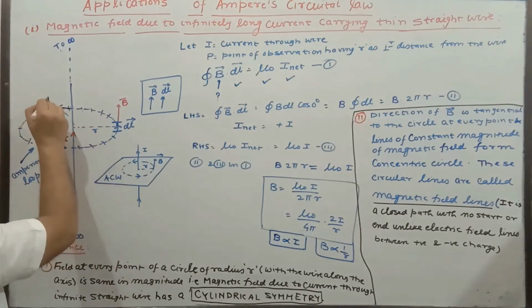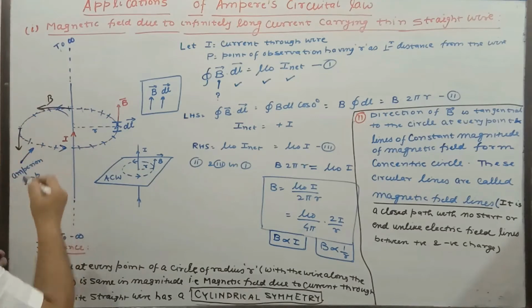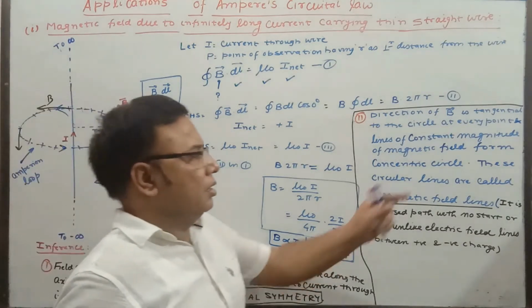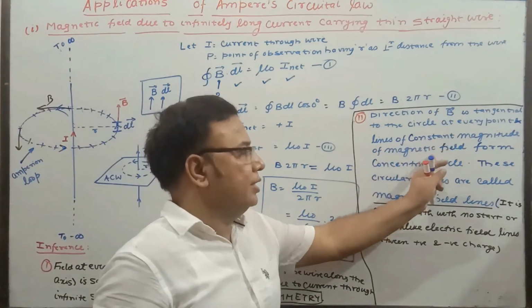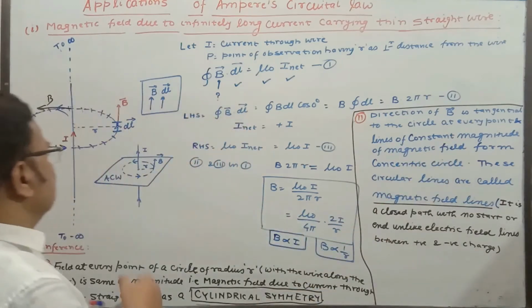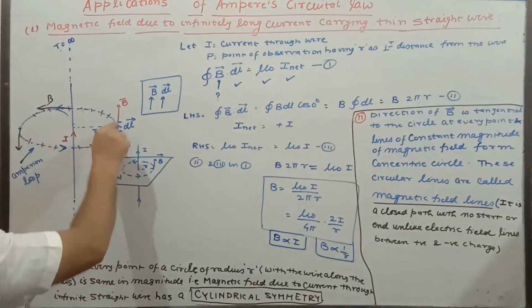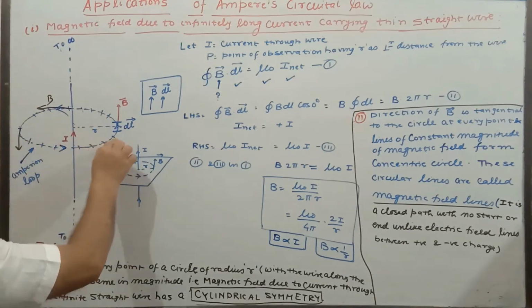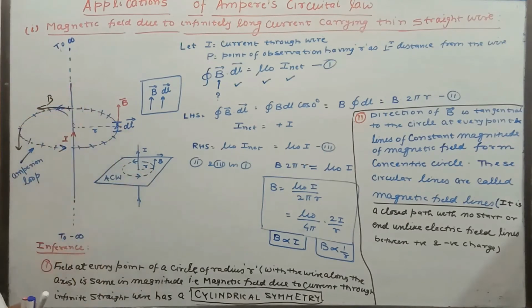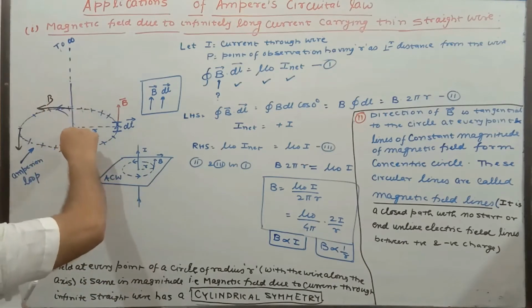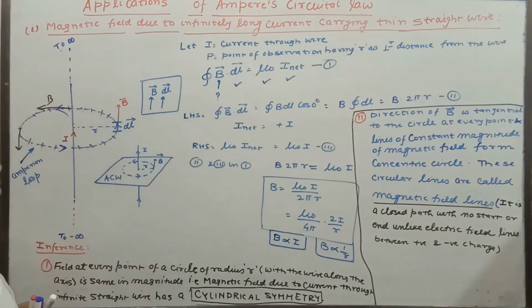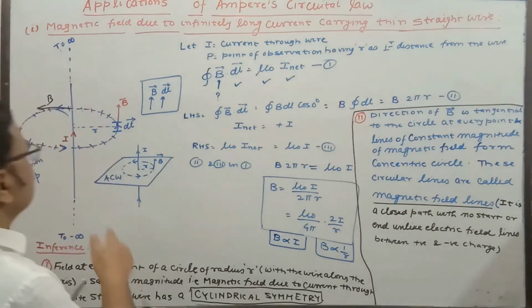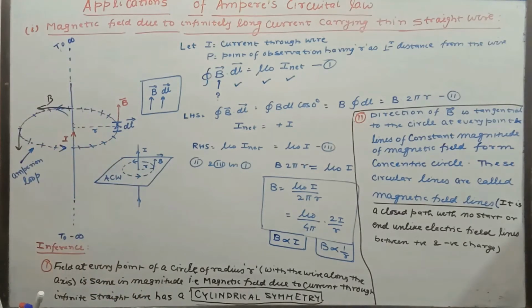Here the direction of magnetic field is tangential to this. And lines of constant magnitude of magnetic field form concentric circles. So if at all the points the magnitude of magnetic field remains constant, we get a circle. In the same way, a different circle with center on the same axis. So this is going to form concentric circles, and these are called magnetic field lines.